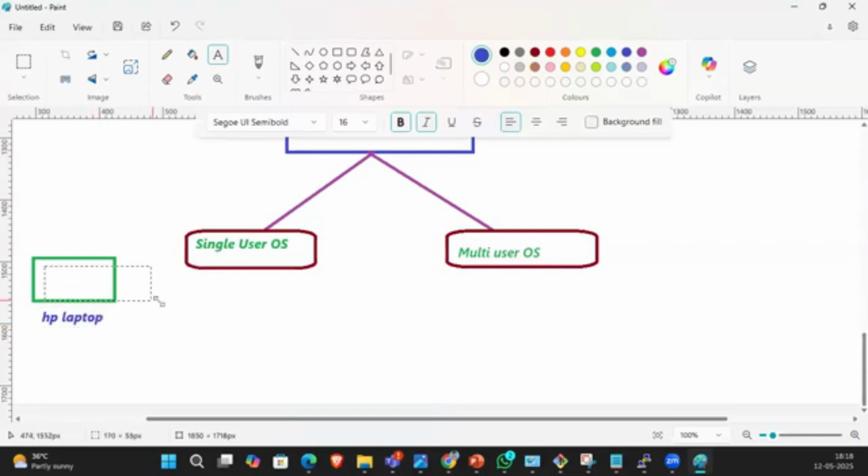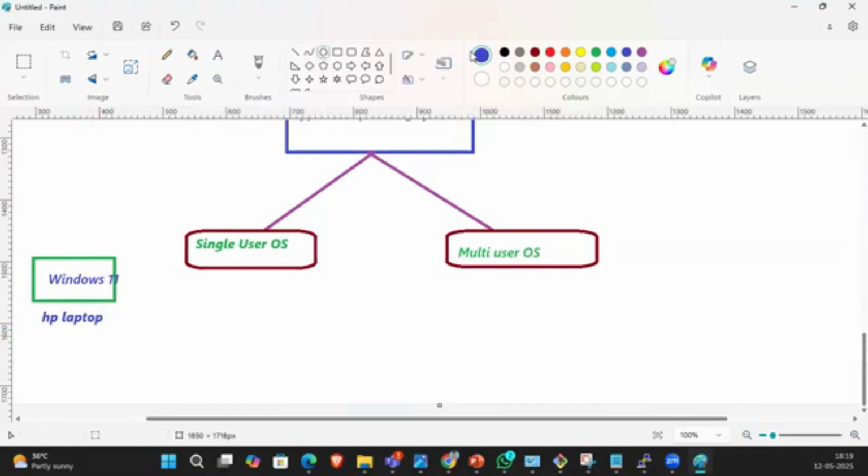So which OS is installed on that laptop? Windows. Windows is the flavor. What is the version? 11. Very good. In your HP laptop, how many users will connect at a time?